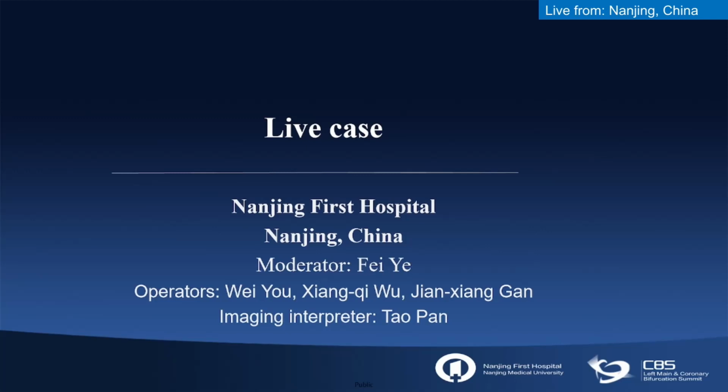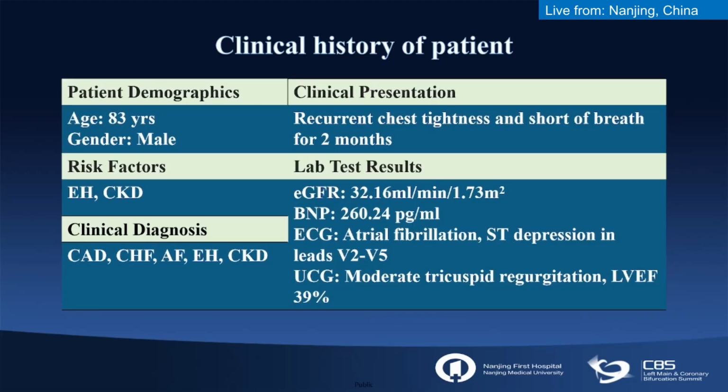Doctor, please. Good morning, honorable experts. It's my pleasure to show the patient's information. Patient, 83 years old, male, recurrent chest tightness and shoulder discomfort for 2 months. Risk factors: essential hypertension, chronic kidney disease. Lab test results showed low eGFR, high BNP.